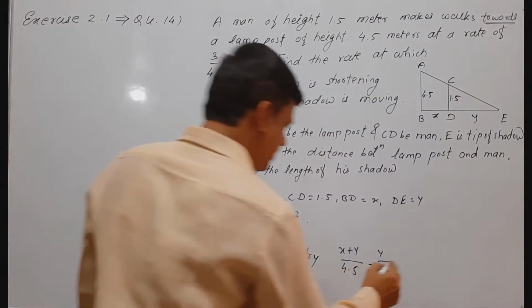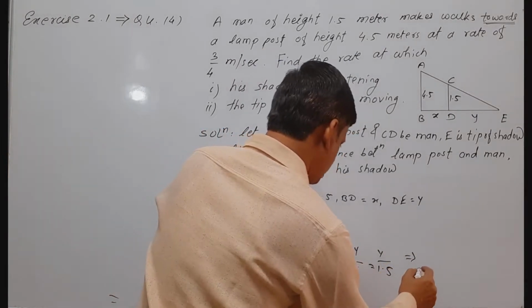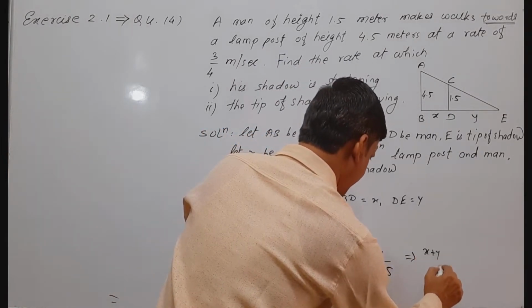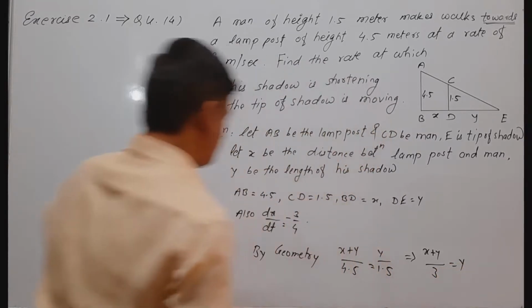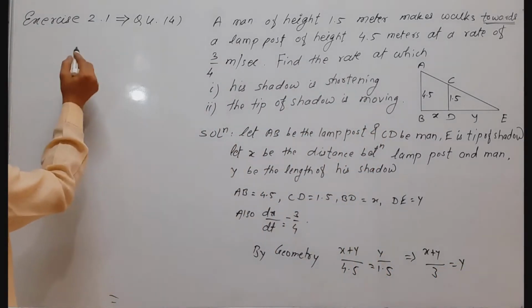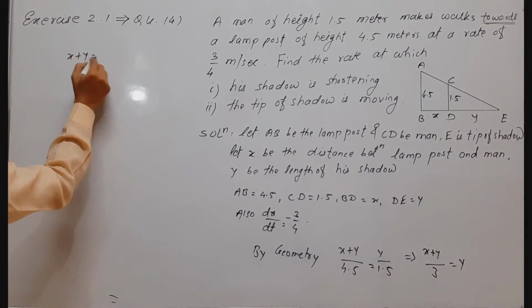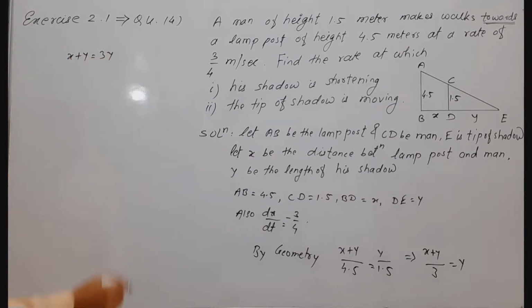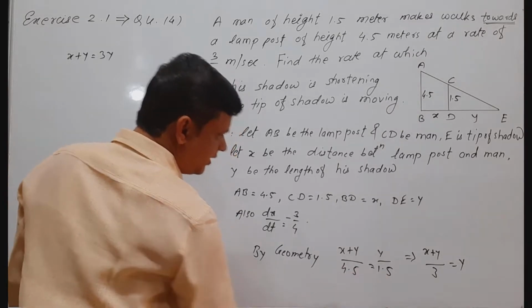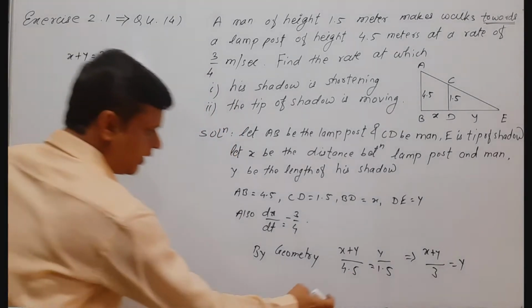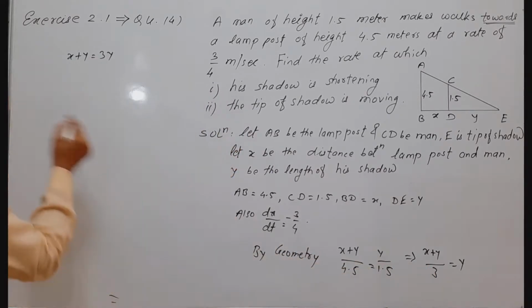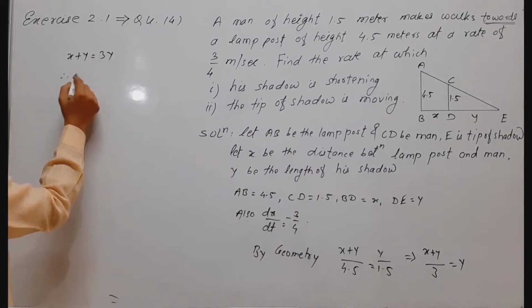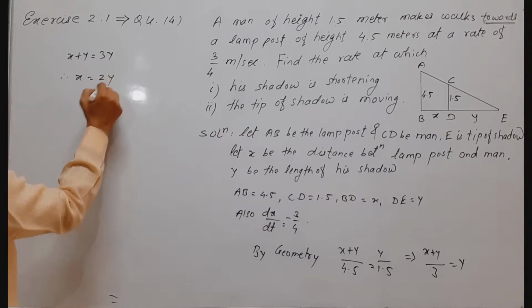So simplify this. So write here x plus y upon 3 is equal to y, that is x plus y is equal to 3y, because we divide 4.5 by 1.5 and we get 3 here. So write x is equal to 2y.